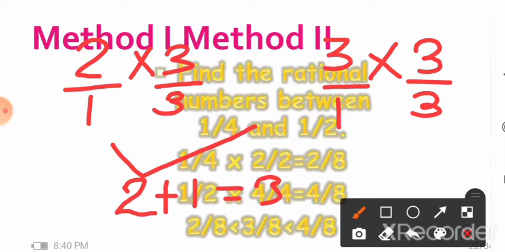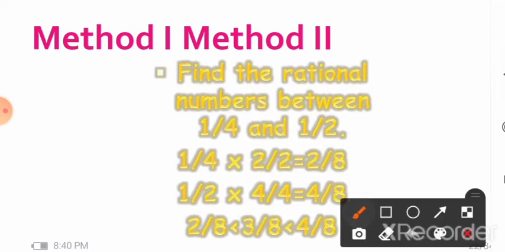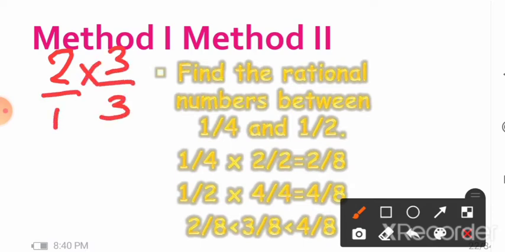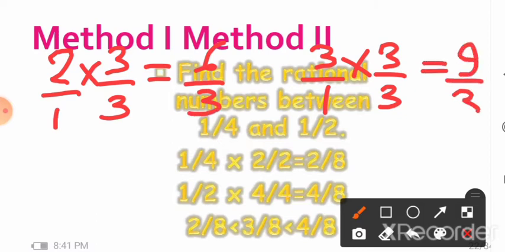So 2 times 3 is 6 upon 3 and 3 times 3 is 9 upon 3. That is, 2 upon 1 multiplied by 3 upon 3 and 3 upon 1 multiplied by 3 upon 3.